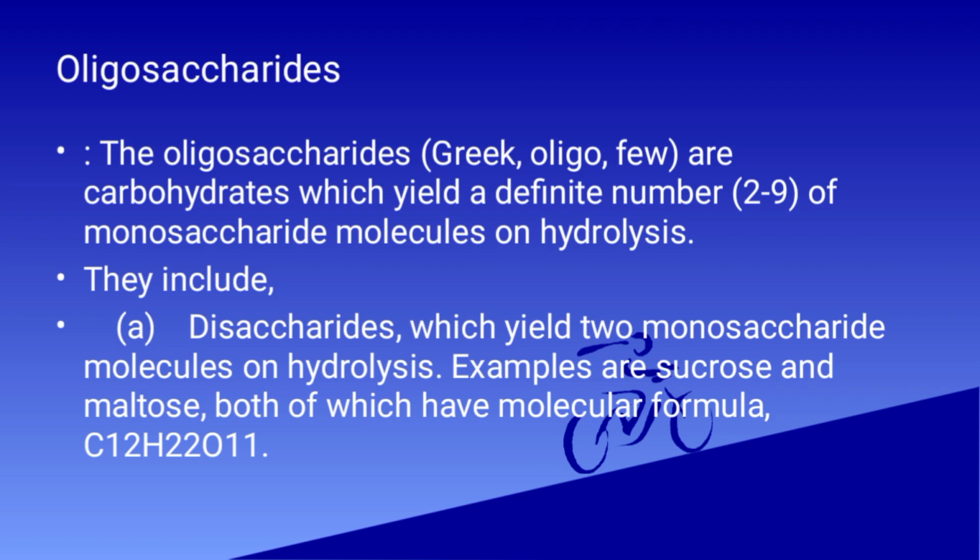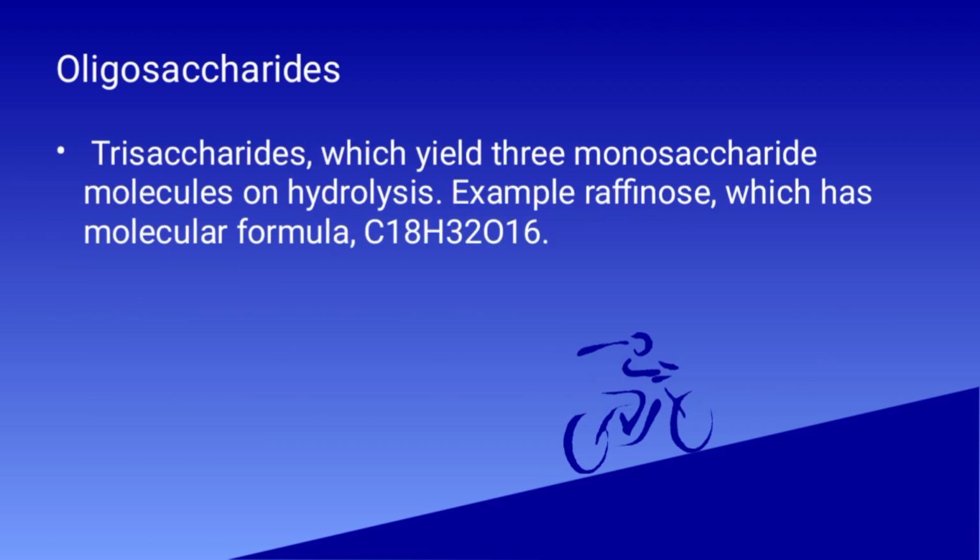Examples are sucrose and maltose, both of which have molecular formula C12H22O11. Trisaccharides yield three monosaccharide molecules on hydrolysis. For example, raffinose, which has molecular formula C18H32O16.